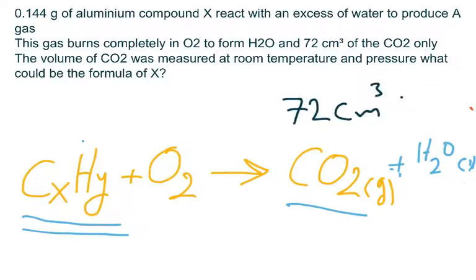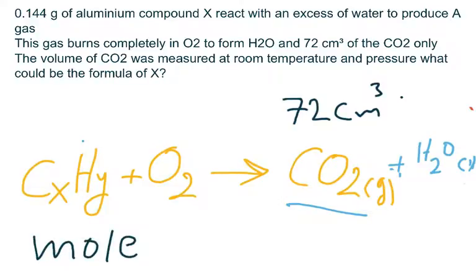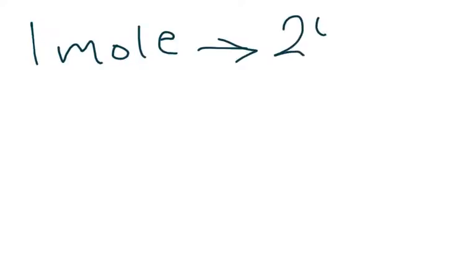And the interesting thing about gases, again, is that we can figure out how many moles of gas are reacting by just using their volumes, because any mole of gas at room temperature is equal to 24 dm³. So 1 mole, I'm just going to write that down, is equal to 24 dm³.